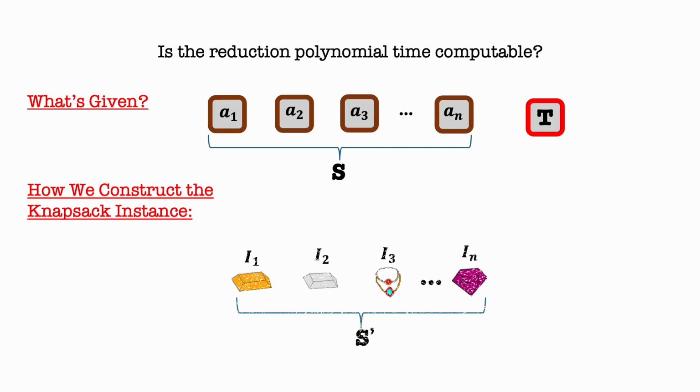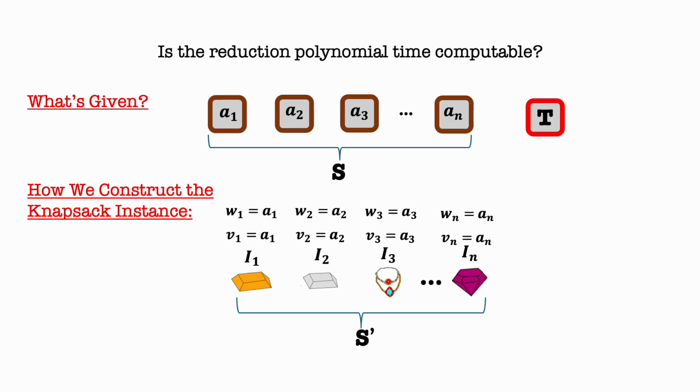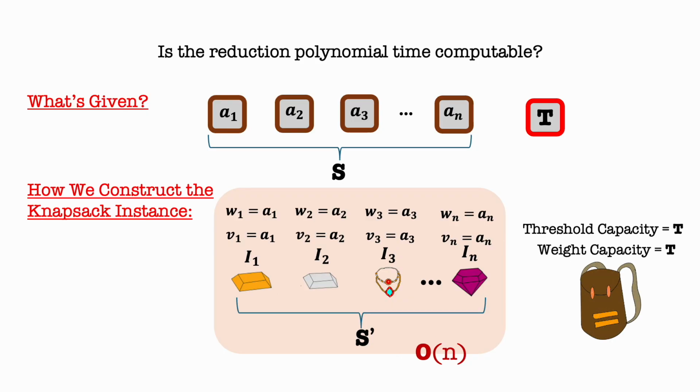First, for each item i, we set both the weight wi equals ai and the value vi equals ai. The time complexity of this is order of n. Then we set the threshold and knapsack's weight capacity to t, which takes constant time. The total time complexity for the reduction is order of n, which is linear time. Since linear time is a subset of polynomial time, we can conclude that this reduction is polynomial time computable.